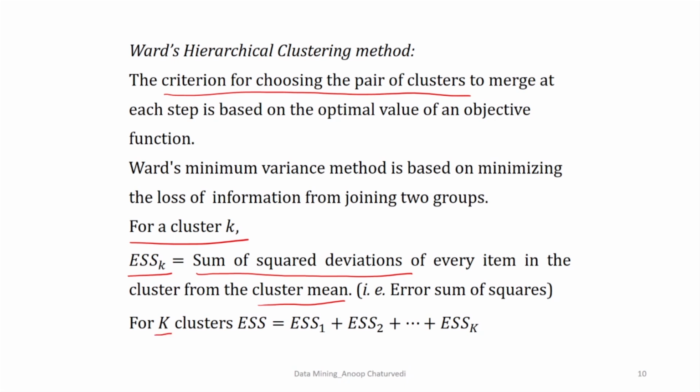Then, for capital K clusters, the total error sum of squares is equal to the error sum of squares for the first cluster plus the error sum of squares for the second cluster, and so on, plus the error sum of squares for the Kth cluster. So, this is the total error sum of squares when we have capital K clusters.